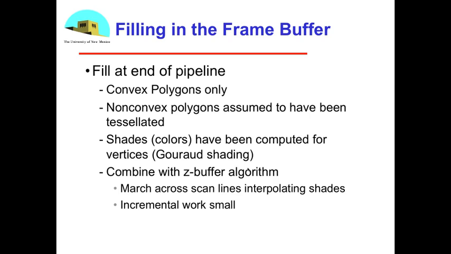And if you combine that with what we talked about last lecture about the Z-buffer algorithm, everything becomes incremental. You march incrementally across a scan line. You incrementally look at how the depth changes and make the decision about whether it's obscured by another polygon or not. So that's pretty easy to do.